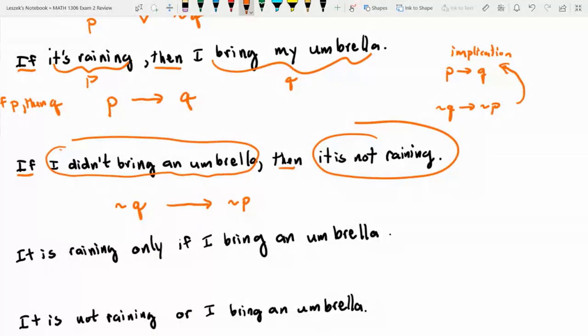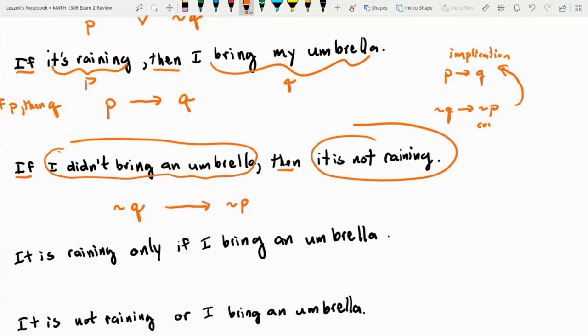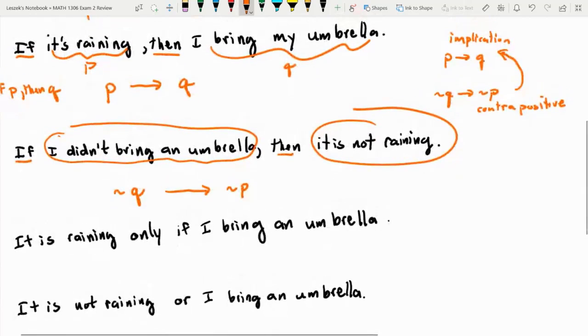Okay, so we call that the contrapositive of the implication. And they're in fact equivalent. If you look at the truth table for an implication and contrapositive, they're exactly the same. They're equivalent logically.